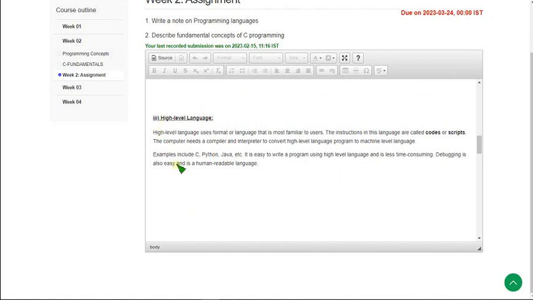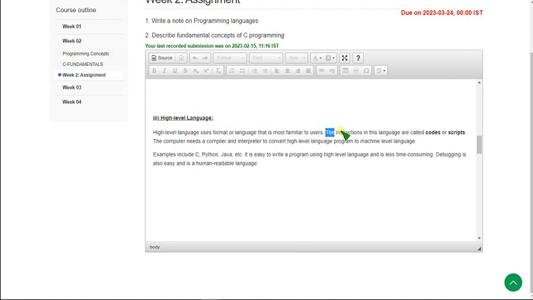High level language, we are familiar with that: C, C++, Python, Java, what we are writing. Human programmers write in high level language. We are able to understand only high level language. The remaining low level, machine level and assembly level languages, are very difficult to write and also to understand.